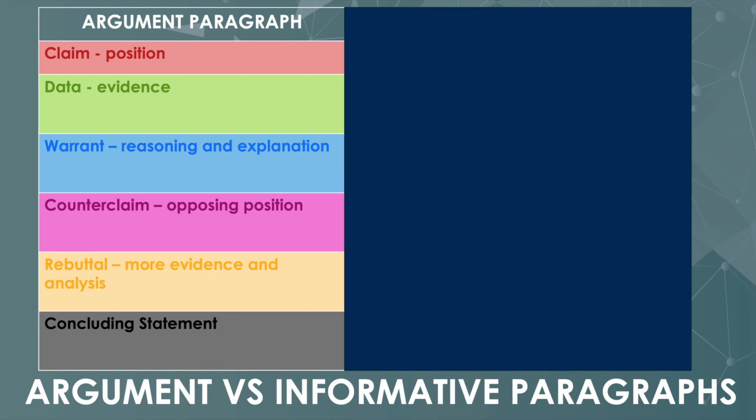The only difference here is instead of having another concrete detail and commentary to back that up like you would usually do in a two-chunk paragraph, your concrete detail is actually for the other side, and then you pick it apart, meaning your second set of concrete detail and commentary is instead going to be a counterargument and a rebuttal.